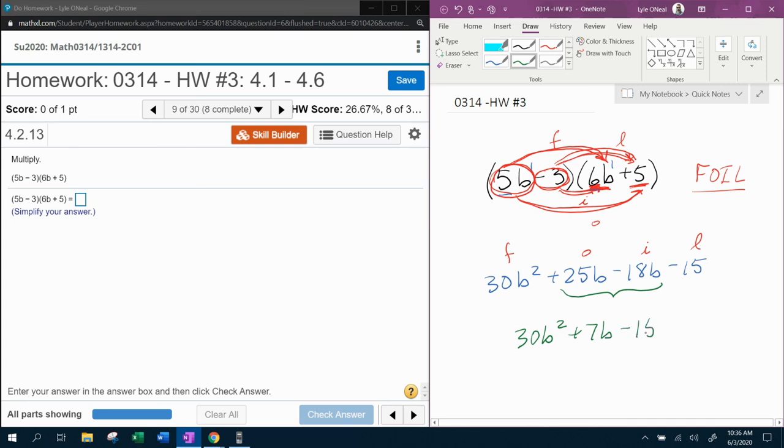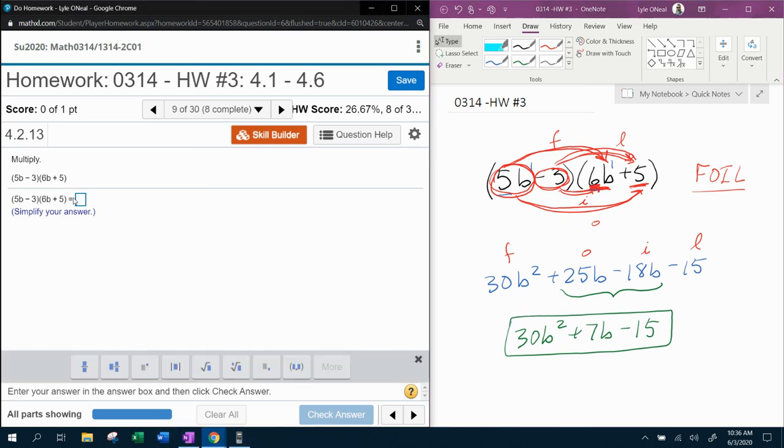And the minus 15 is the constant. There are no other constants. That should be my final answer, and let's check it. 30b squared plus 7b minus 15.